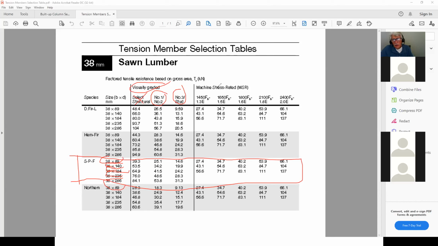Now, machine stress rated. What this is, is that the lumber passes through a machine, and this is what I like about this.